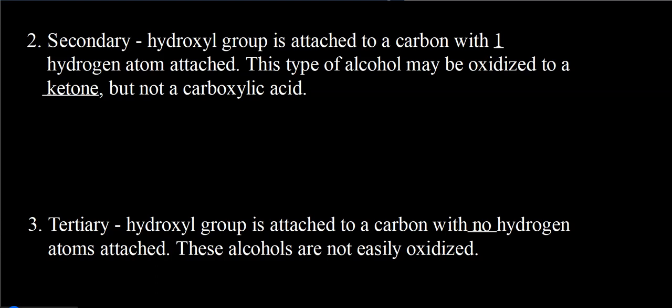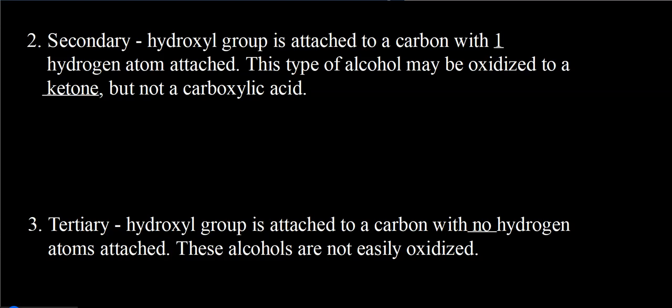And so this time, instead of forming an aldehyde or a carboxylic acid, we're forming a ketone. So secondary alcohol, the hydroxyl group is bonded to a carbon that is bonded to one hydrogen, or a better way of looking at it, that carbon is bonded to two other carbons, hence the term secondary alcohol.